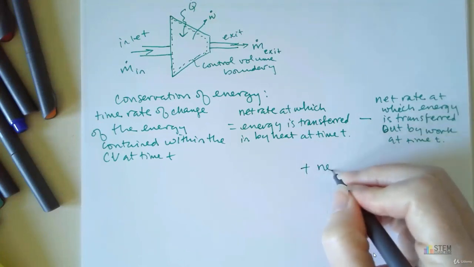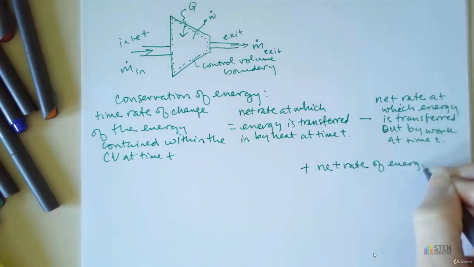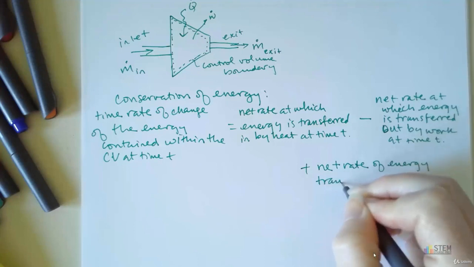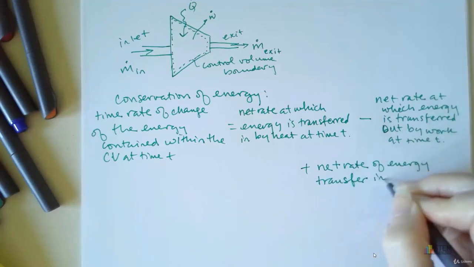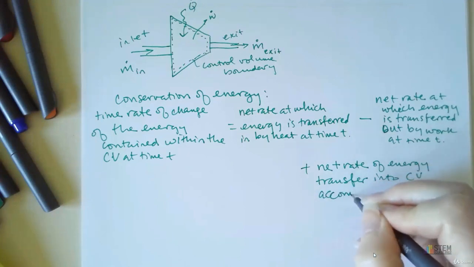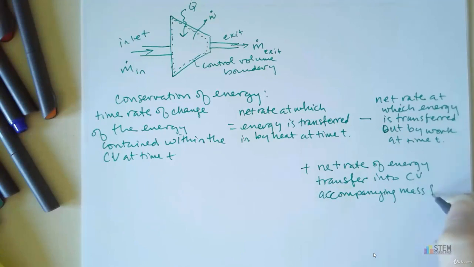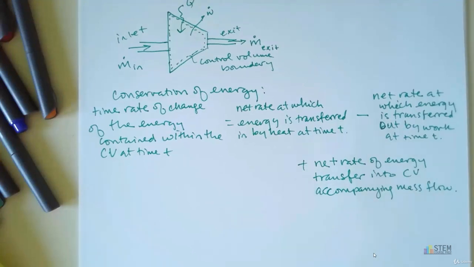We're going to have plus the net rate of energy transfer into the CV that accompanies mass flow. So now we have three terms. Before, we only had two terms on the right. We just said Q and W because we didn't have any mass flowing. Now that we have mass flowing, we have to have this.